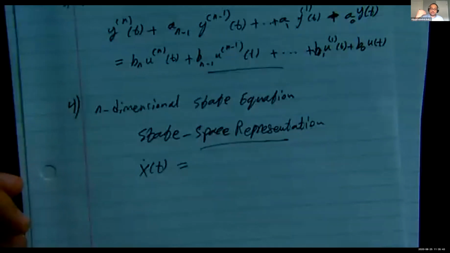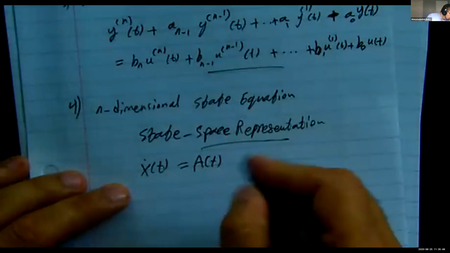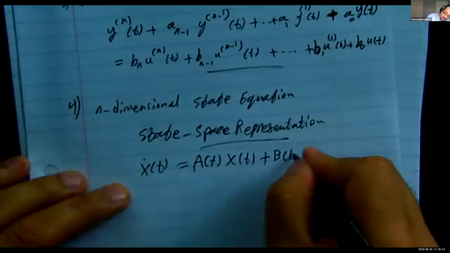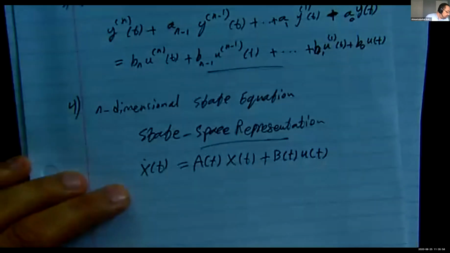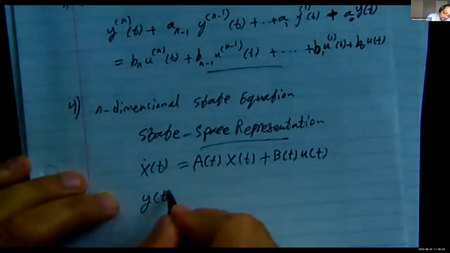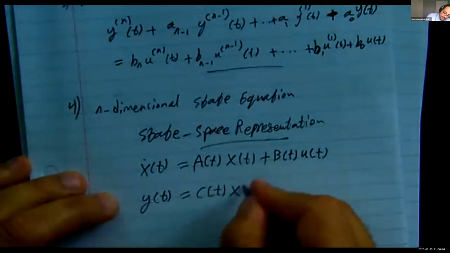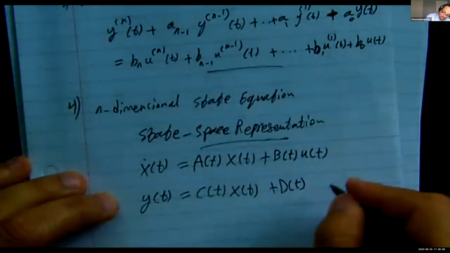In each equation, you have only one first order derivative. So x dot is equal to A of t, x of t plus B of t, u of t. And y of t is equal to C of t, x of t plus D of t, u of t.